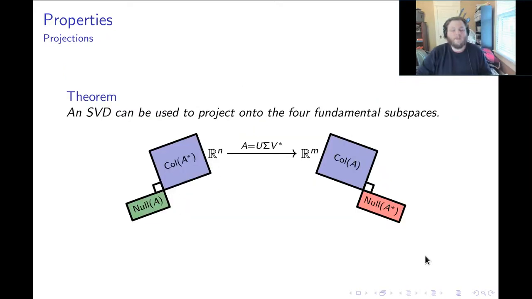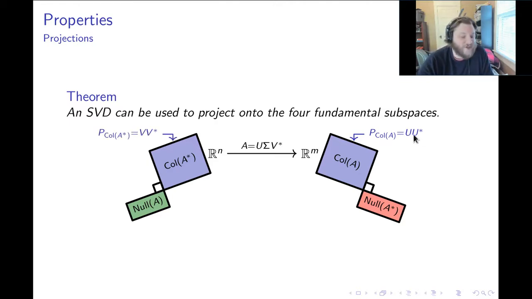Our next property here deals with projection matrices. Let's say that we have our singular value decomposition, A equals U times sigma times V conjugate transpose. It turns out that the data in U and V can be used to extract projection matrices for each of the 4 fundamental subspaces. We can project onto the column space of A by taking U and multiplying by U star.